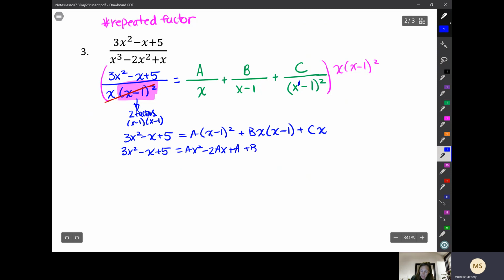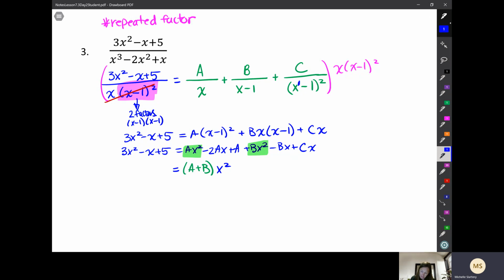Then I have bx squared minus bx, and then plus cx. So let's go ahead and find our like terms. So I have ax squared and bx squared. So I have two x squared terms, and I can factor out the x squared. So I'm going to get a plus b times the x squared.